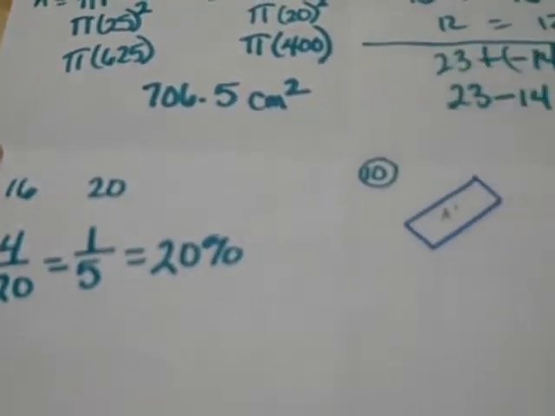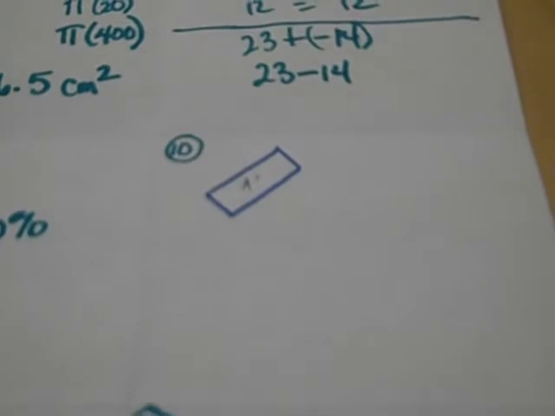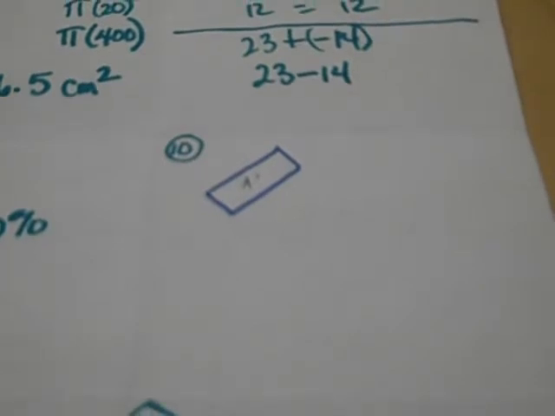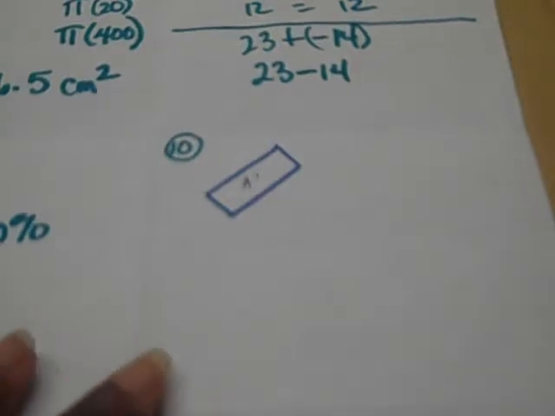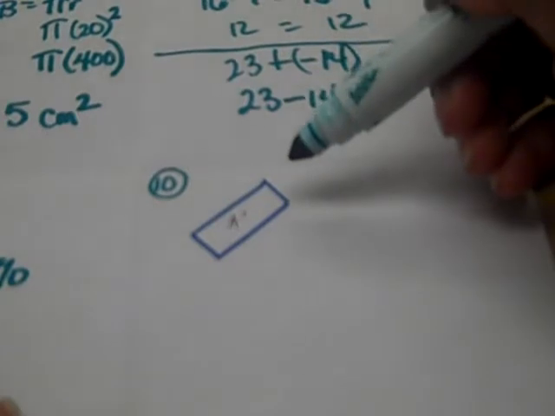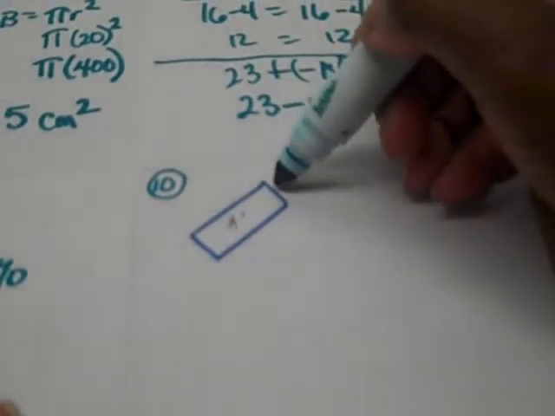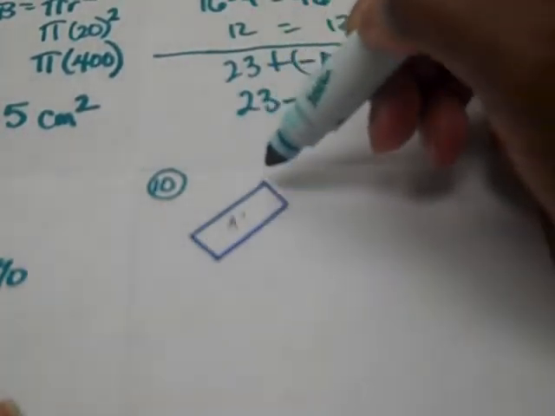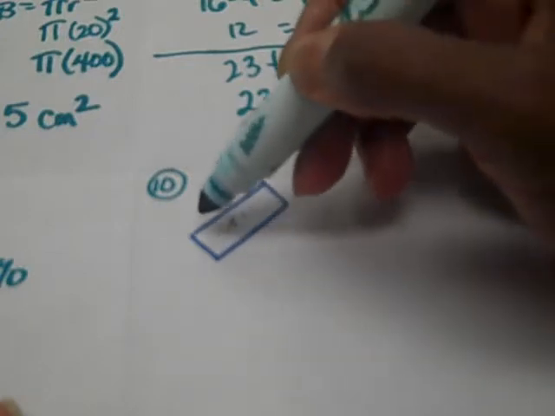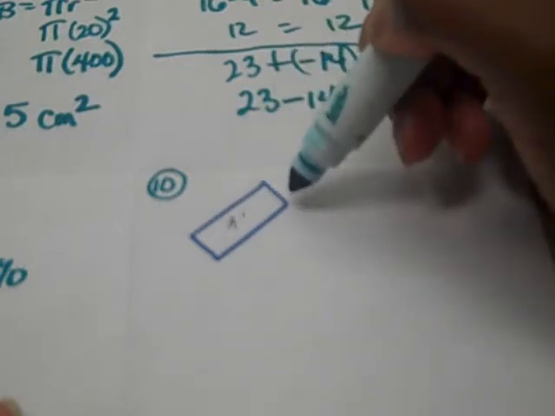Okay? Number 10. Figure A has been transformed to figure A prime. Determine if they are congruent. How do you know? Okay, we can determine that by measuring the sides. So measure this length and this width. So this measures to approximately 1.5 centimeters, and this measures to approximately 4.0 centimeters.